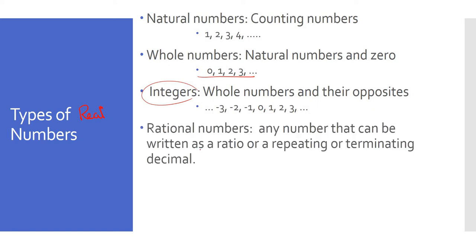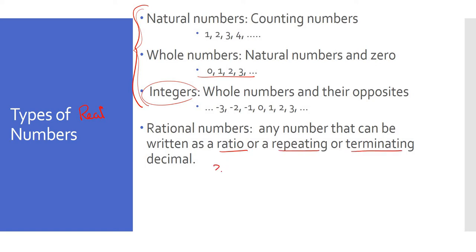And the last category that we're going to talk about is rational numbers. All of these are rational numbers, but they are not the only rational numbers. Rational numbers are any number, including whole numbers, natural numbers, and integers, that can be written as a ratio or a repeating or terminating decimal.